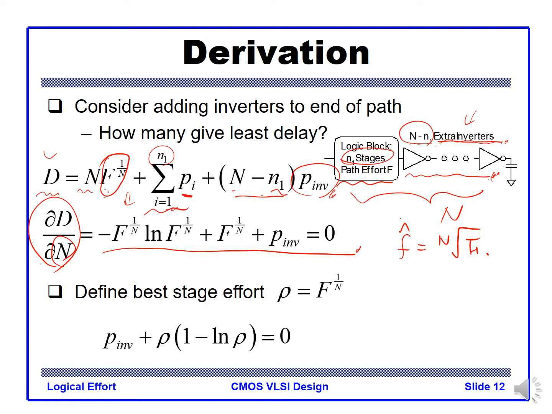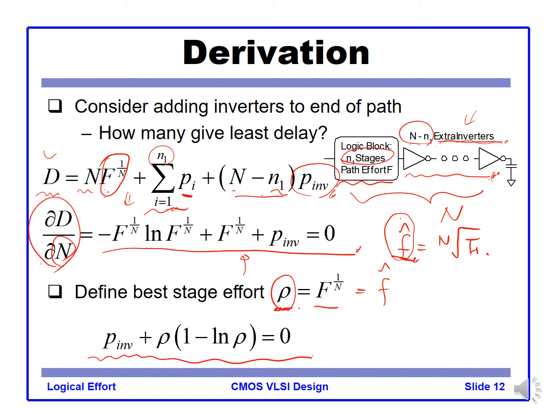So our goal is to find the f hat, right? First, what would be the stage effort? If we define the f hat here, in this case we define that as rho, which is similar to f hat in the previous definition. We plug that rho into that equation, and what we get is this equation right here.